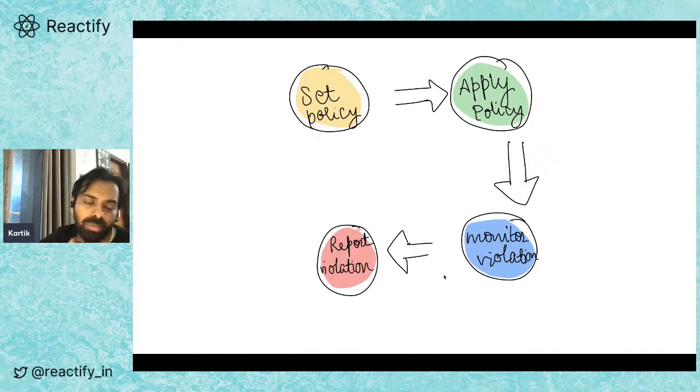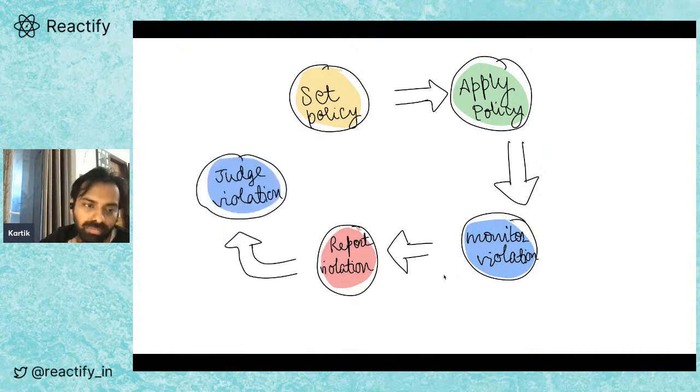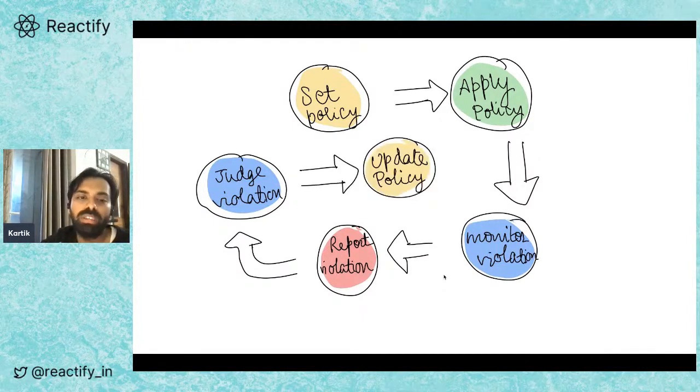And once you report the violations, you can take a call on what to do with the violation, whether it is genuine, whether it is coming from your site or not, whether there is somebody actually trying to load something which is not supposed to be loaded, things like that. You can judge it, and accordingly, you can improve your policy. And once you improve your policy, you can apply the policy again and keep on monitoring. And that's all to the report mode.